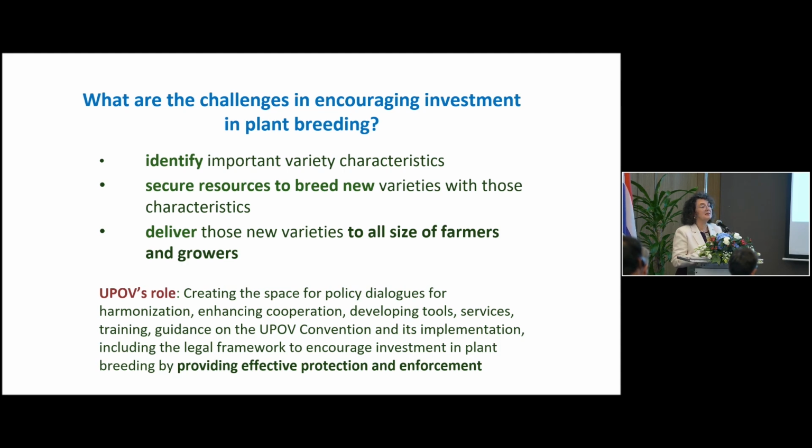It is also very important to secure resources to breed these new varieties, financial resources and human resources. A recent study has shown that there is a need to continue to train new plant breeders worldwide, because this is a very specific area. This goes back to the point that Francesco mentioned this morning, how we can ensure that the future generation continues to play a relevant role in this area.